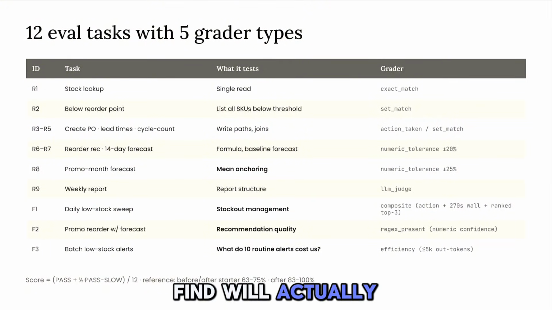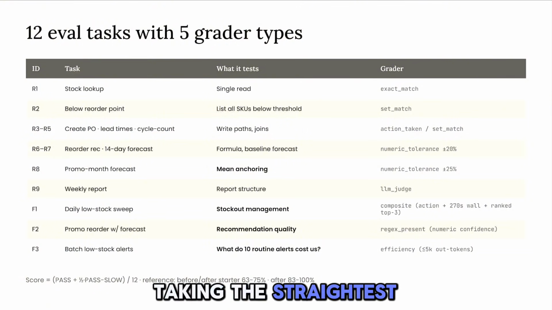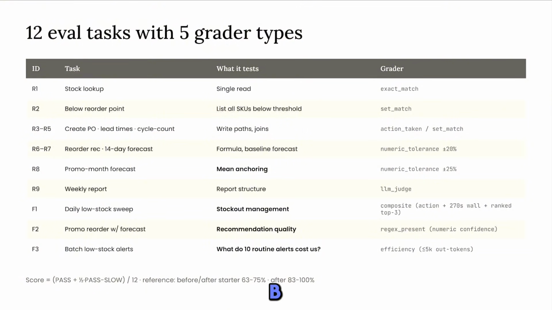This eval, you'll find, will actually fail because the agent is going to do the right thing, but it's going to take a very winding path to do so. So instead of taking the straightest line from point A to point B, the agent is going to take a very inefficient path. It's going to get to the right end, but it's going to fail the eval because it's not at the efficiency that we'd like.